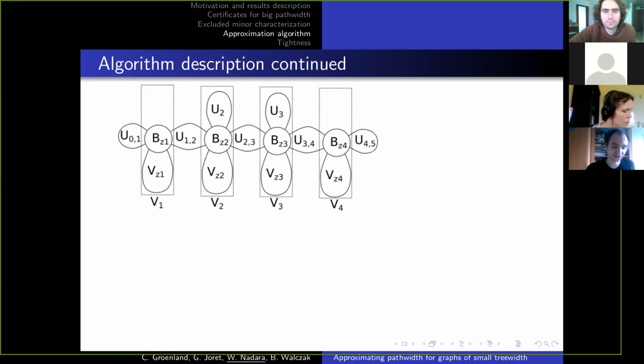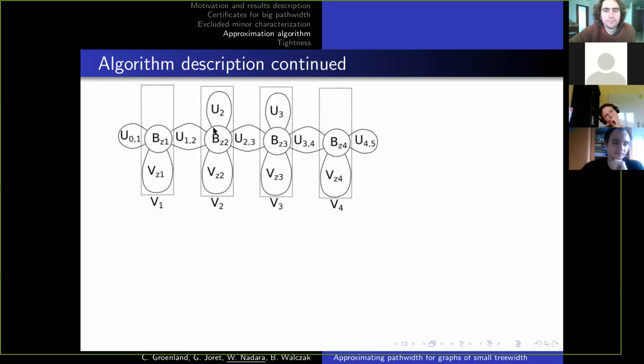If it is connected to 2, it corresponds to an edge in this auxiliary graph. This is why vertices that can be connected to 2 big subgraphs can be partitioned into sets like U1,2, which is a set of vertices that can be connected to BZ1 and BZ2, U2,3, U3,4, and so on.